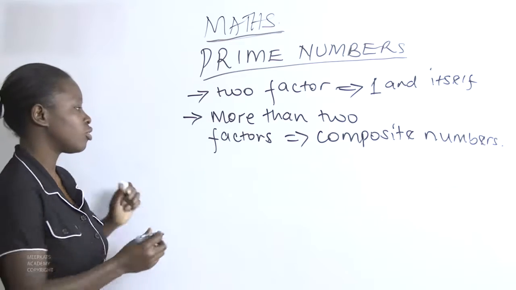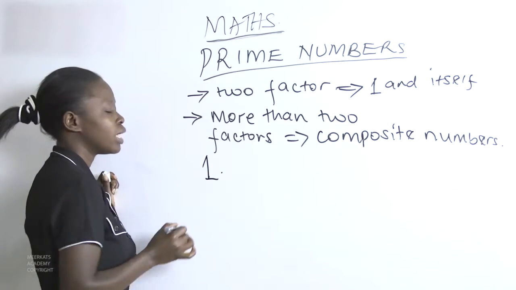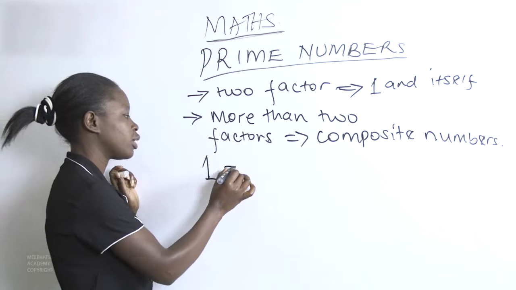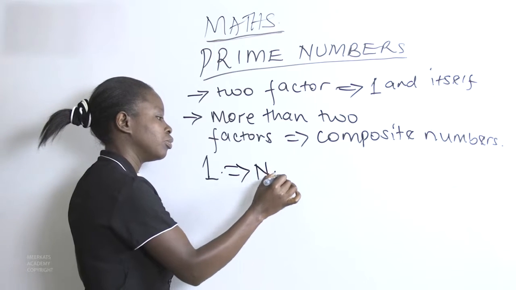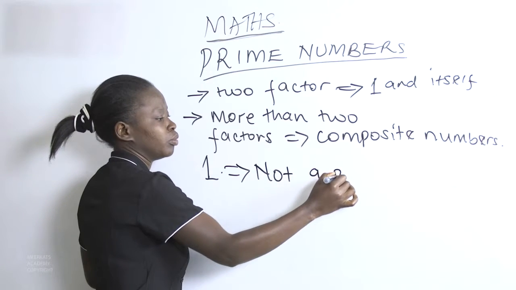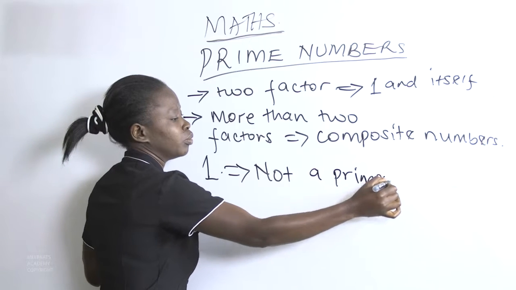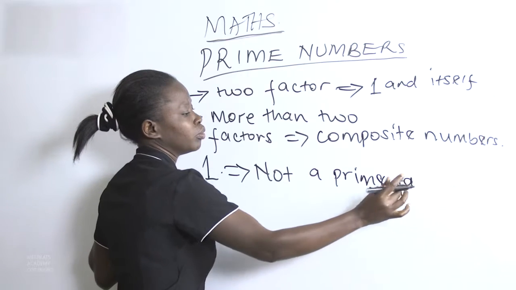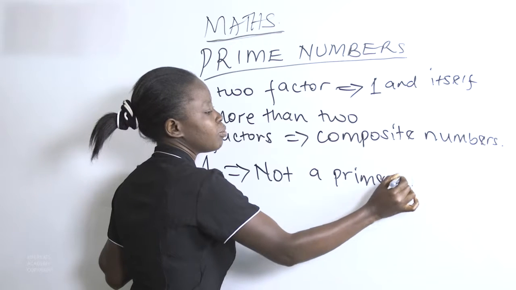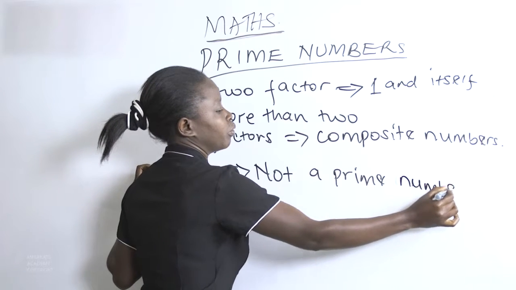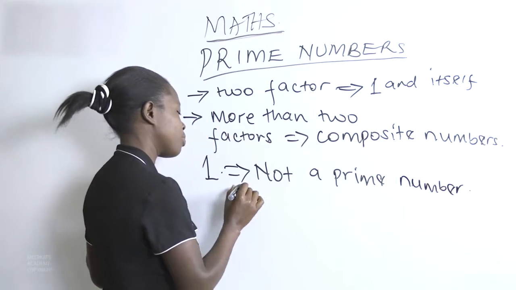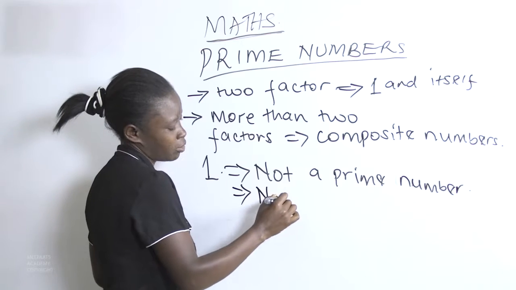It is important to note that 1 is not a prime number. And at the same time, 1 is not a composite number.